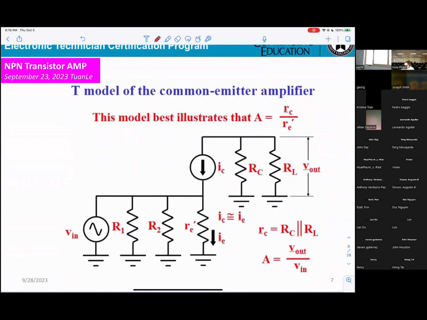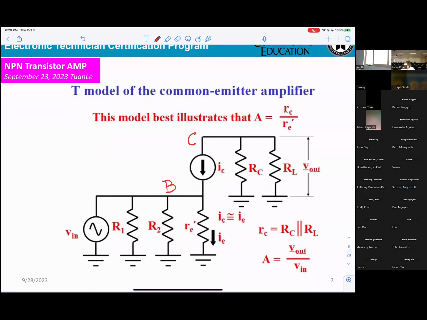First thing, this is the base. This is the collector. This is the emitter. We already know for the AC, from the base to the emitter, you're supposed to get, emitter here.